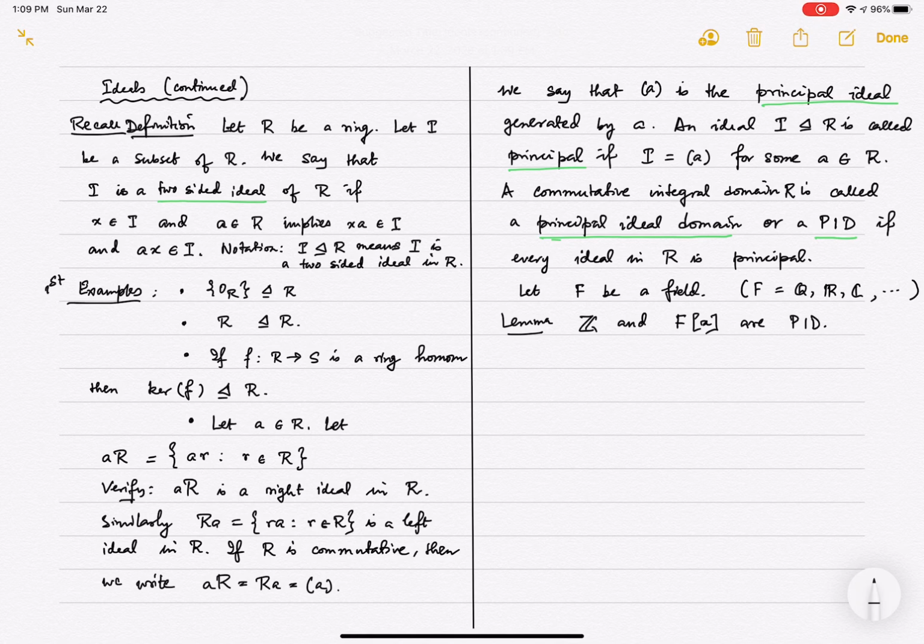So the ideals in Z, before the proof, are things of the form aZ, where a is some integer. That's not that interesting, I suppose. So, for example, 3Z is an ideal, which just means all multiples of 3.